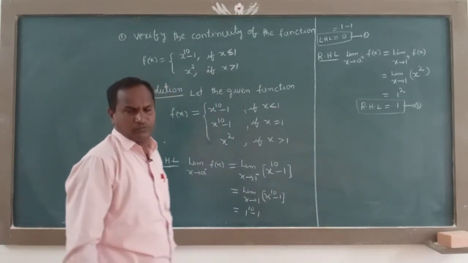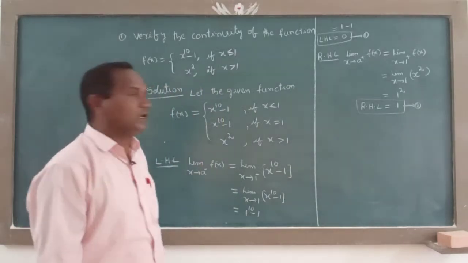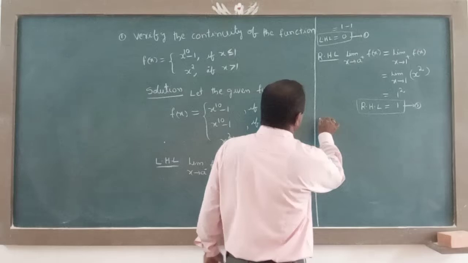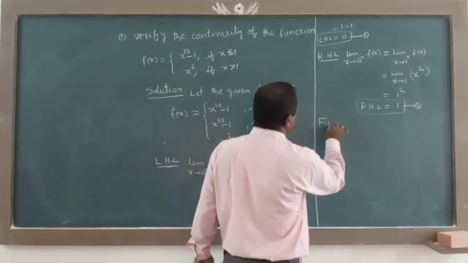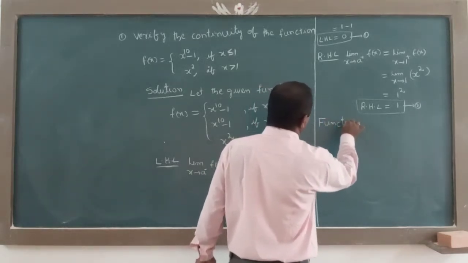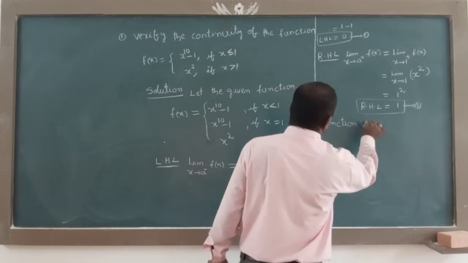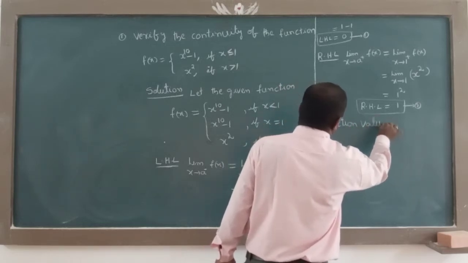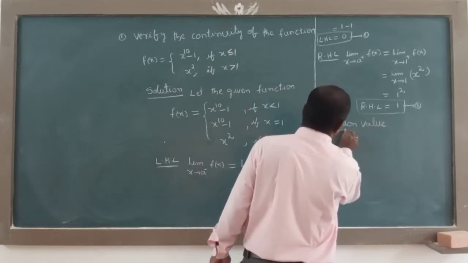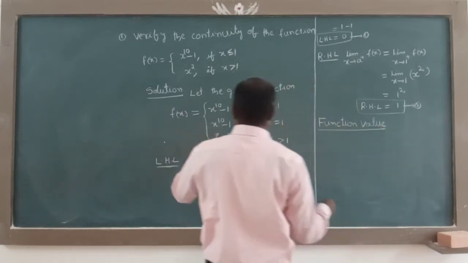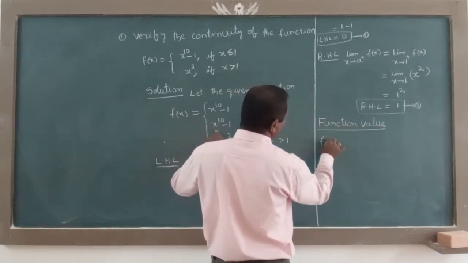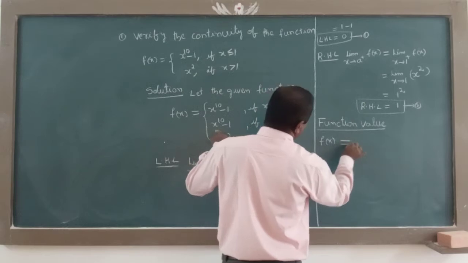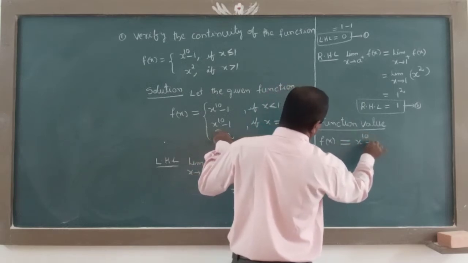At the same time, I have to find your function value also. Function value: f of x is equal to x power 10 minus 1.